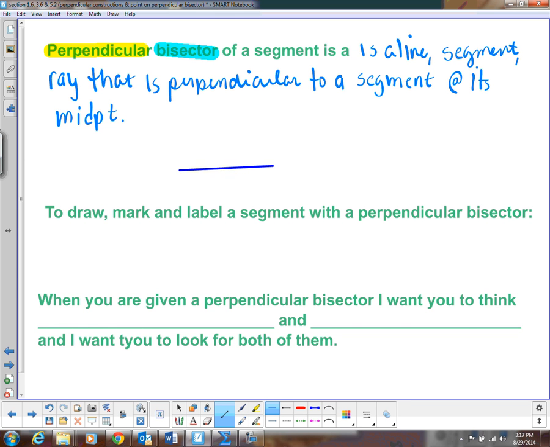So if I have a segment and I want a perpendicular bisector, there's a line. Then that means we have a right angle here, and this part of the segment, because this is the midpoint, is congruent to that part of the segment. So this is a powerful description or relationship.